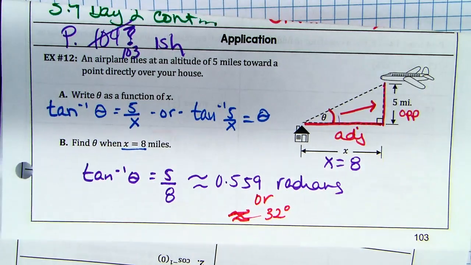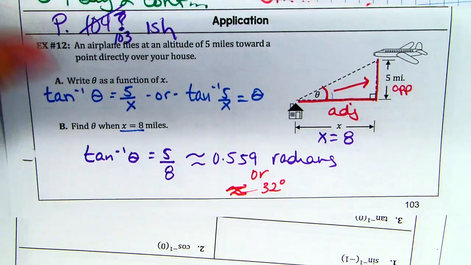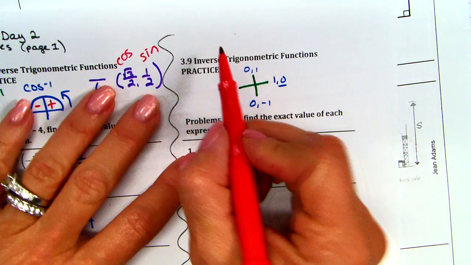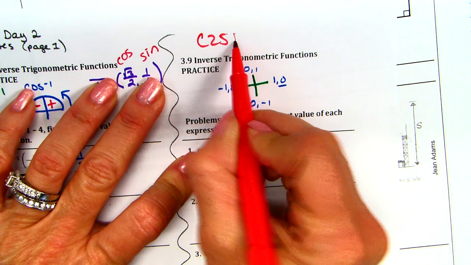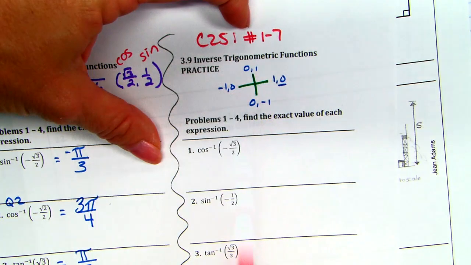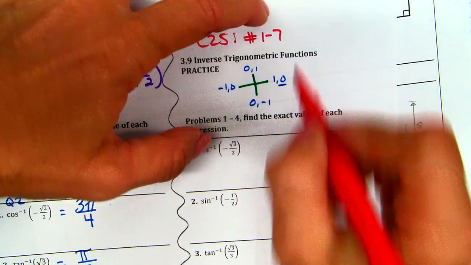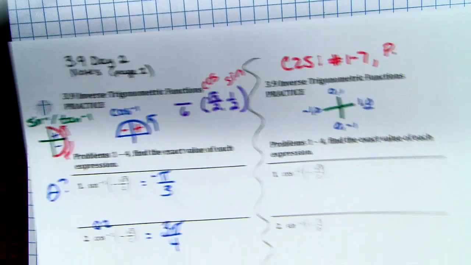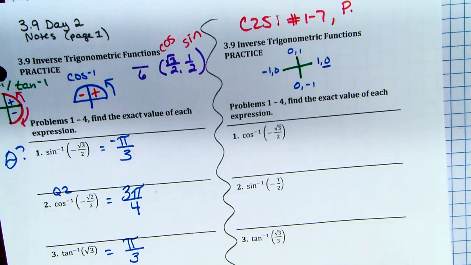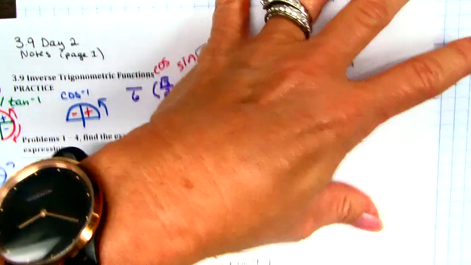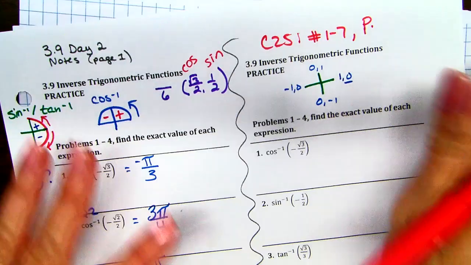So what your homework is, just 1 through 7 here, and 2 word problems, page 107, numbers 22 and 23. Sorry, my shirt is knocking this all around.